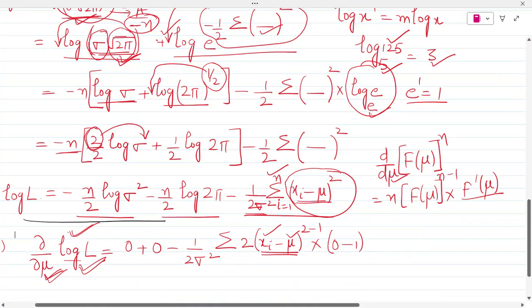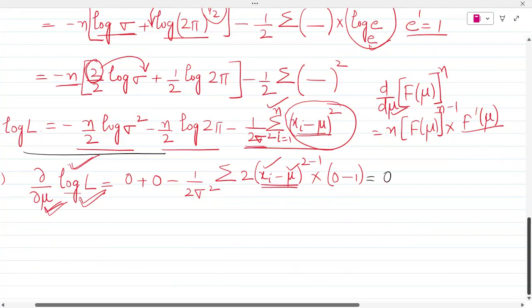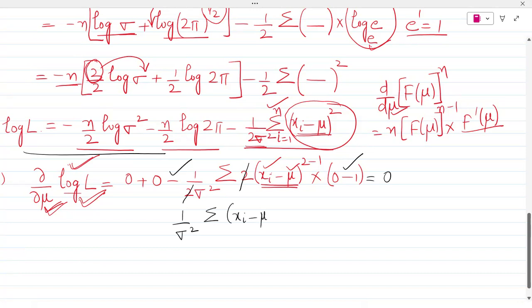So now put this equal to 0, and you can see this minus and minus, it will be plus, and this 2 cancels out. So what we have is 1 by sigma square and summation xi minus mu, i from 1 to n.